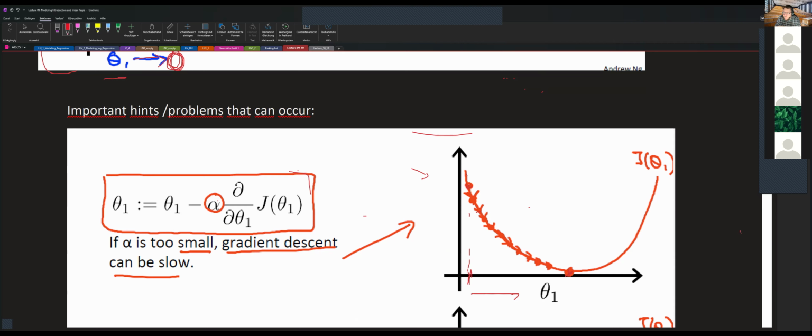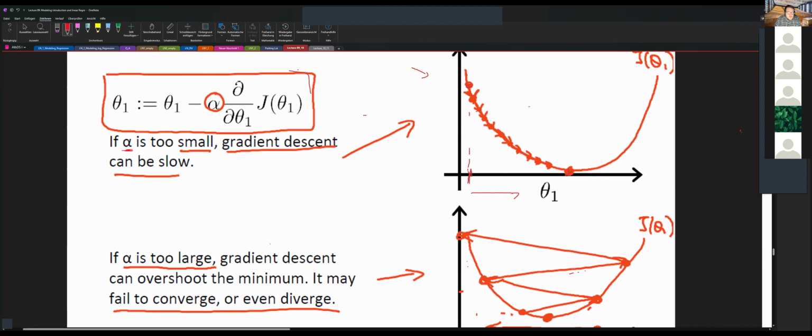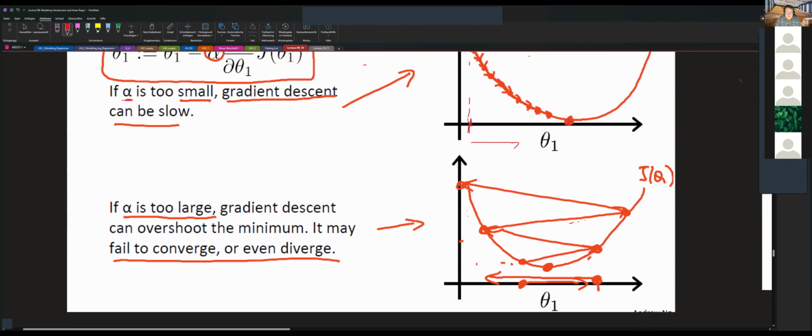And it's the same in machine learning, right? So if we choose alpha too small, gradient descent can be very slow, right? So we can take multiple steps. You remember this whole thing, we need more steps. If alpha is small, we have a lot of steps here, right? But if alpha is too large, gradient descent can overshoot the minimum, right?